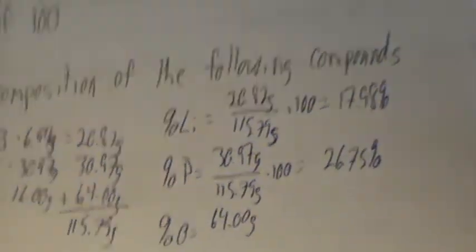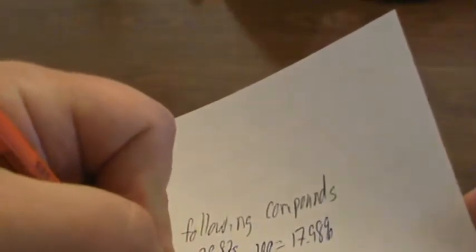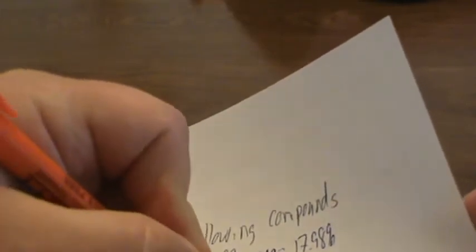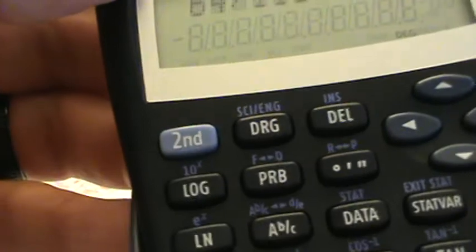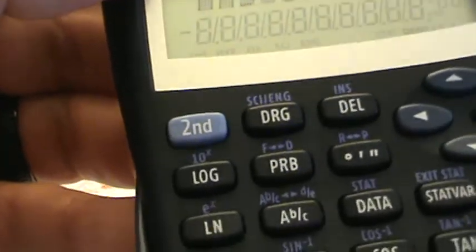Now oxygen. We're going to take 64 grams over 115.79 grams, multiply by 100. 64 divided by 115.79 times 100.